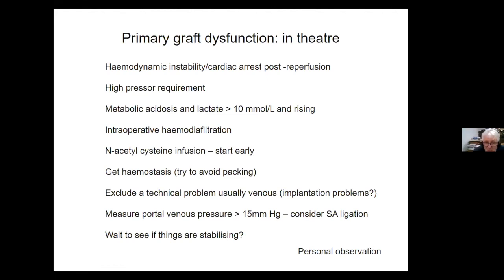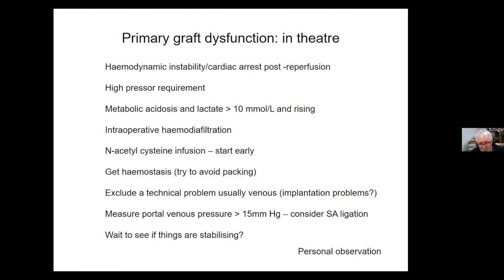Actually, I would tend to give it before reperfusion if it's a graft that I'm particularly worried about, a fatty liver with other potential factors for graft dysfunction. Get hemostasis. I think that's really important. Work with the anaesthetist and work as hard as you can to avoid continuous bleeding and the hypertension that often comes with it. Exclude a technical complication.